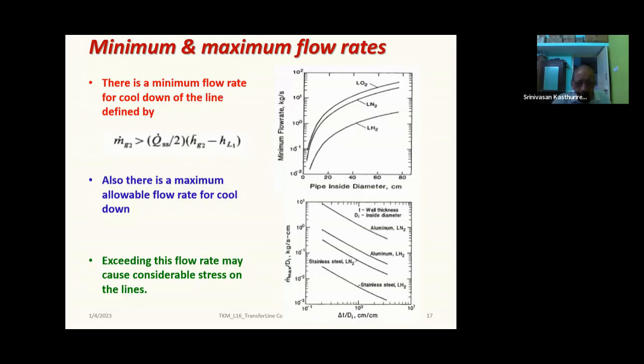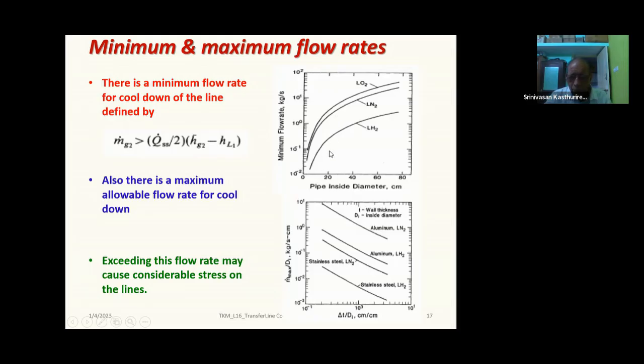The minimum flow rate for cool down is plotted here as a function of pipe diameter. The pipe diameter is 20, 40, 60, 80 centimeters, and the minimum flow rate is expressed in kg per second, on a logarithmic scale.